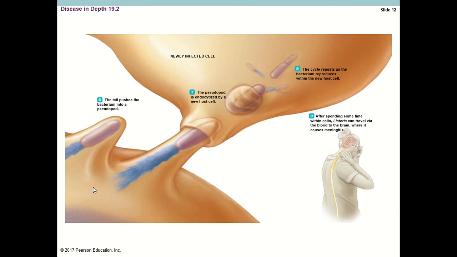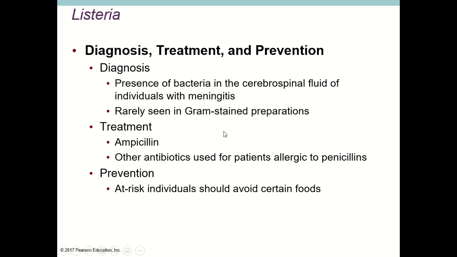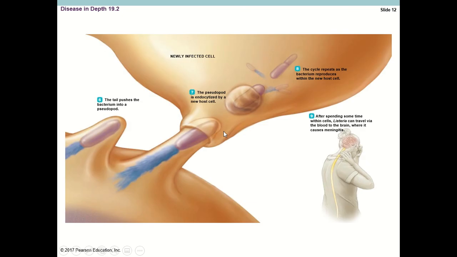So it's going to go ahead and cause its own exocytosis, meaning its own export, and in exporting itself, it uses a piece of the plasma membrane of the cell to be transferred into the next cell. That's basically the only way in which it can cause disease once it's inside of the cell. Again, it is an intracellular pathogen.